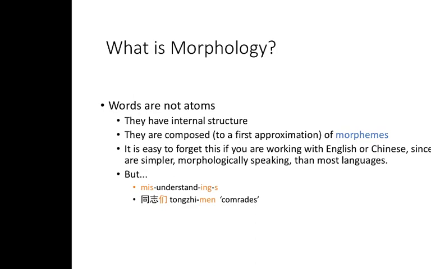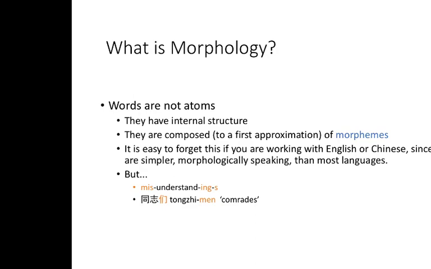They're composed of what we call morphemes, which are meaningful units. You can forget this pretty easily if you're a speaker of English or Chinese, because English and Chinese are morphologically impoverished languages. They're languages where a lot of words are just one morpheme long. And when you do put morphemes together, it's to make compound words.